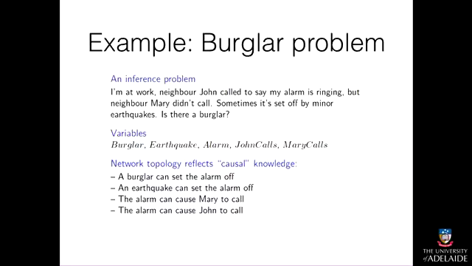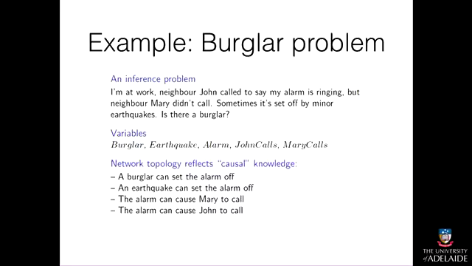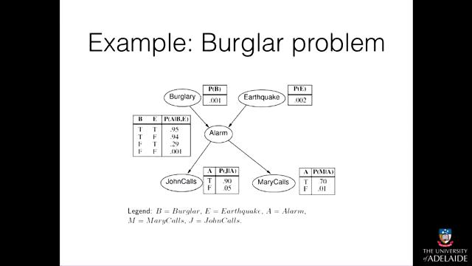By using this Bayesian network, we encode some causal knowledge. A burglar can set the alarm off, so the alarm being true is probably caused by a burglar. The alarm can also be caused by an earthquake. And once the alarm is off, it can cause Mary to call or John to call. So these are the causal relationships encoded by this Bayesian network.